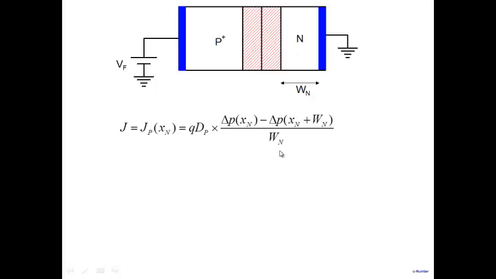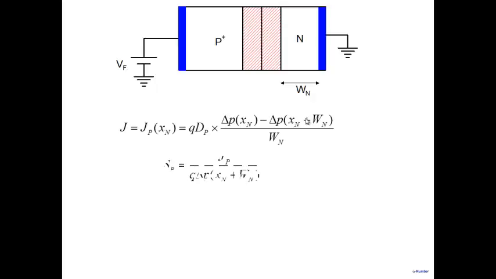Now, what do we do? Do we know this delta p at xn? Yes, that's determined by Ni squared over Nd times exponent of qVF by kT. So we know the excess hole density here. This part we know, but this is the part that we don't know.